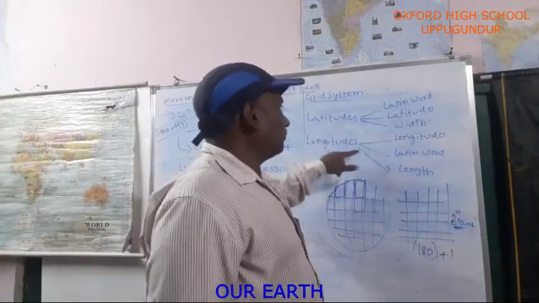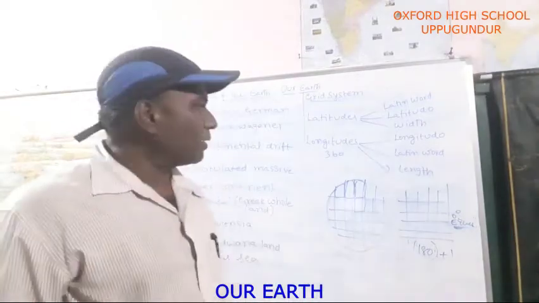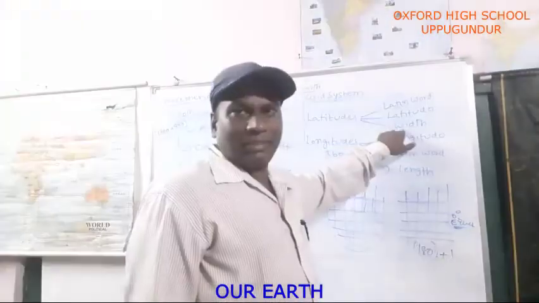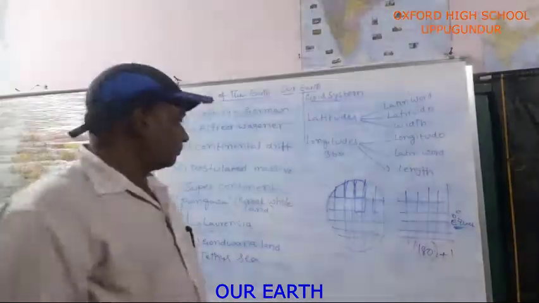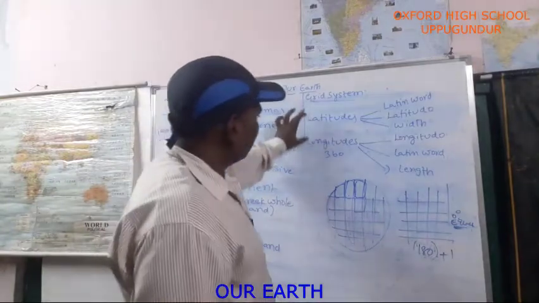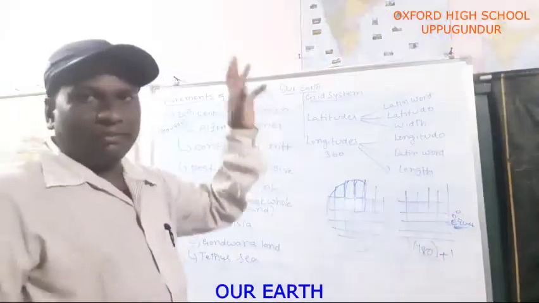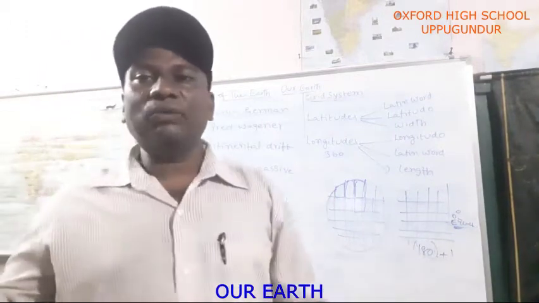Longitude is also taken from which word? The Latin word longitudo. Longitudo means length. Latitudo means width. Both are taken from which word? The Latin word. Do you understand regarding latitudes and longitudes? Why do latitudes and longitudes play a very important role? To find out a location, to find out a place.